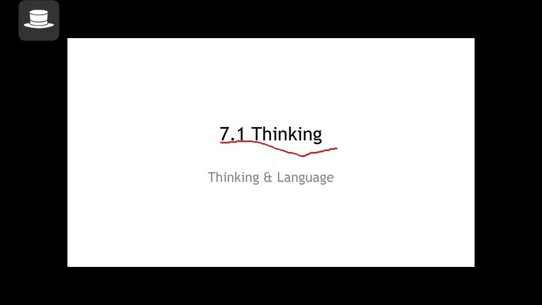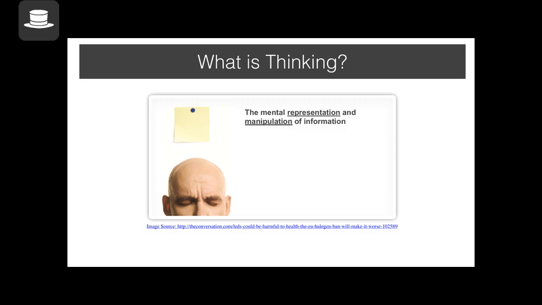So what is thinking? Well, you might be thinking right now about what thinking might be. Thinking is defined as a mental process of representation and manipulation of information.